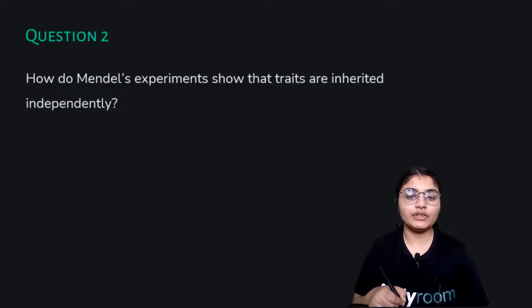The next question that we have is, how do Mendel's experiments show that traits are inherited independently? Now Mendel took two pairs of alternate expression of two traits and carried out the dihybrid cross by crossing them, right? In Mendel's dihybrid cross, we had two traits, and the traits that appeared in the first generation were termed as dominant.